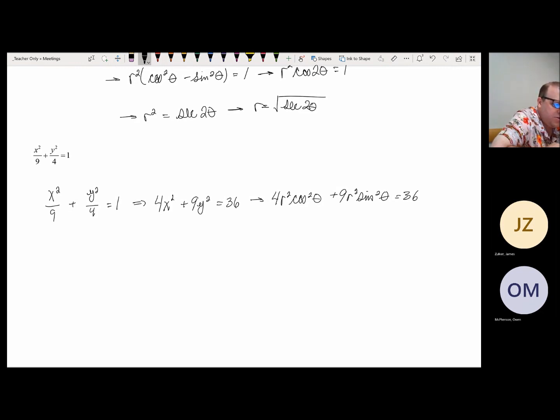That'd be what, 4r² plus 5r² sine squared is equal to 36.